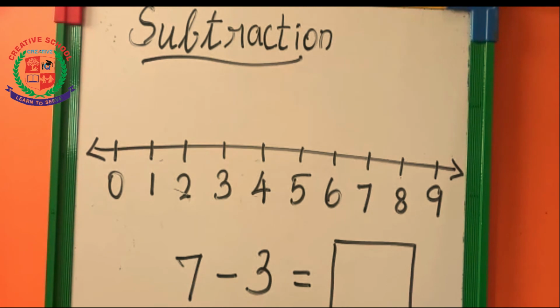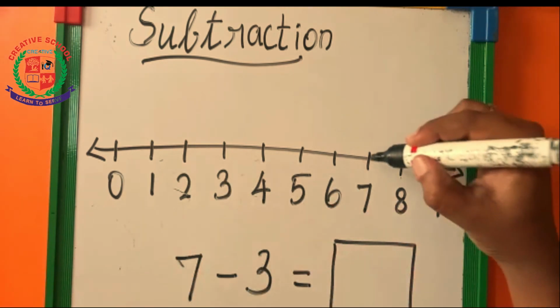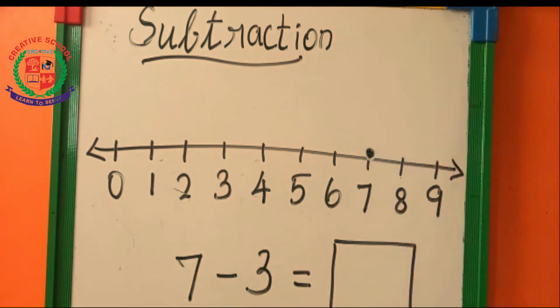Now we are going to see the subtraction on the number line. Already we saw the addition on the number line. So now we can also subtract the things using the number line. So here, what is the number given? Yes, 7. So where is 7 on the number line? Yes, it is here. You have to mark here. And minus 3.